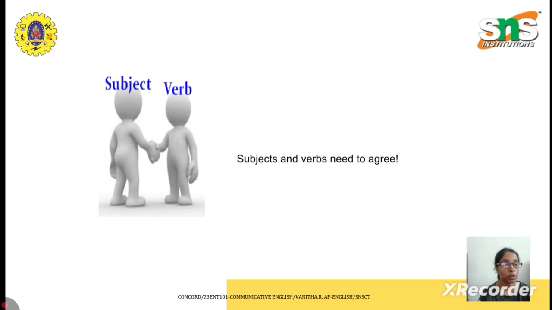The student should also be given many worksheets with fill in the blanks or correct the errors, these kinds of practices. And the third one is applying in writing. So a student writes a short paragraph.